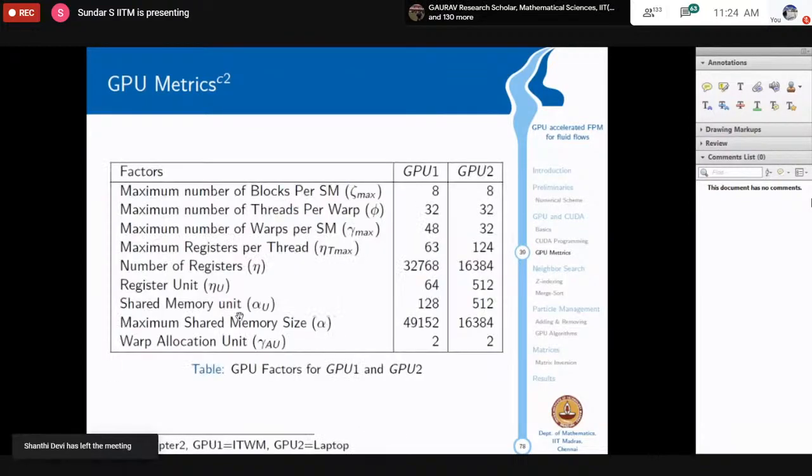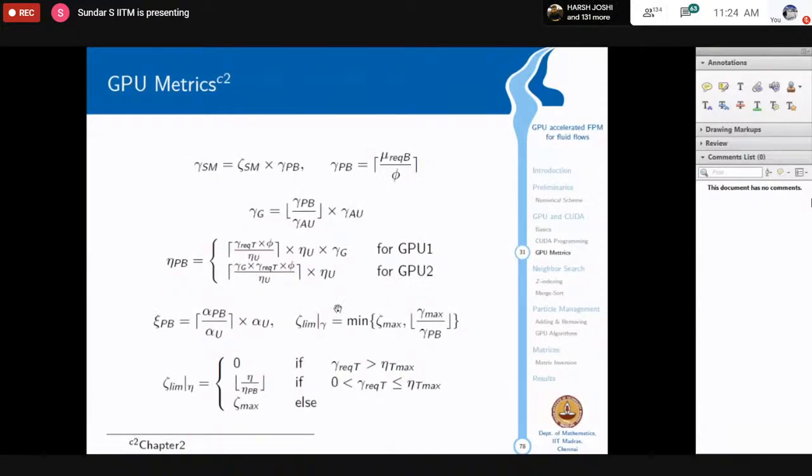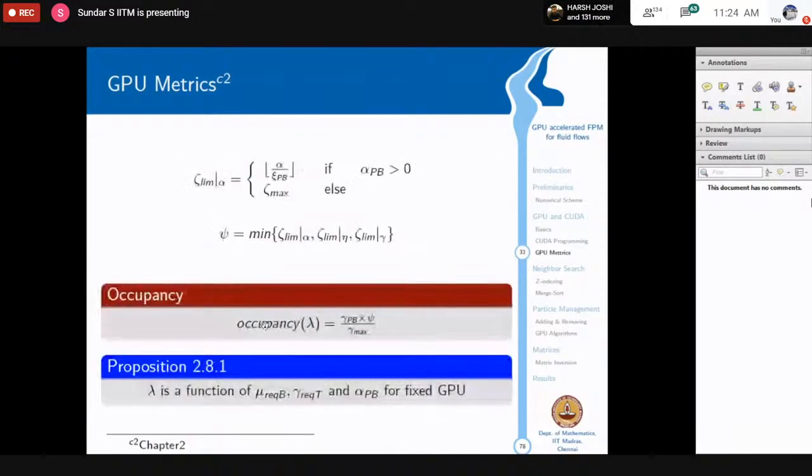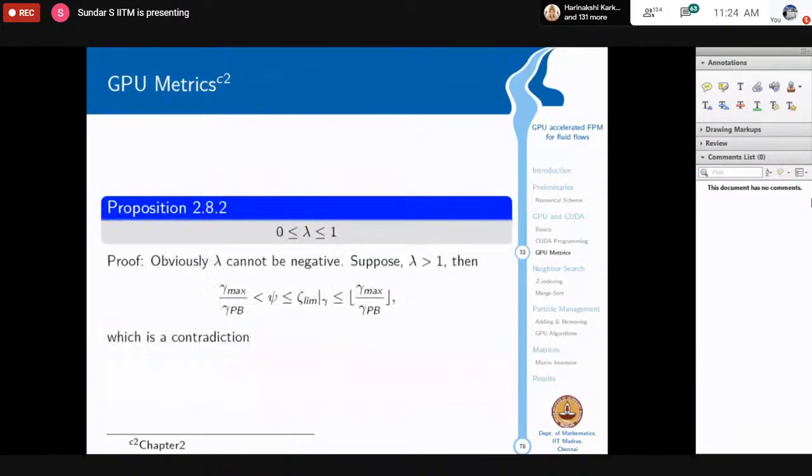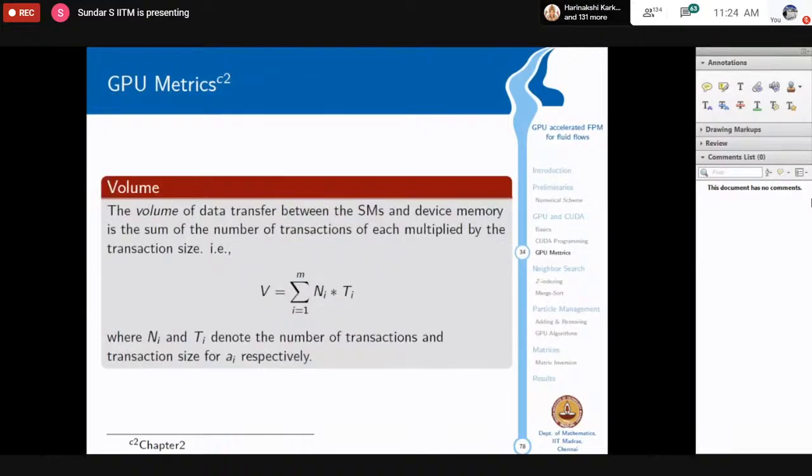Then I went into what system I am using: GPU 1 on one system, GPU 2 on my laptop. Then I talked about all these things. Then finally I talked about what is the occupancy corresponding to the systems. Okay. Then the next important GPU thing is the volume. What do you mean by volume? The volume of data transferred between SMs and device memory is the sum of the number of transactions of each multiplied by the transaction size.